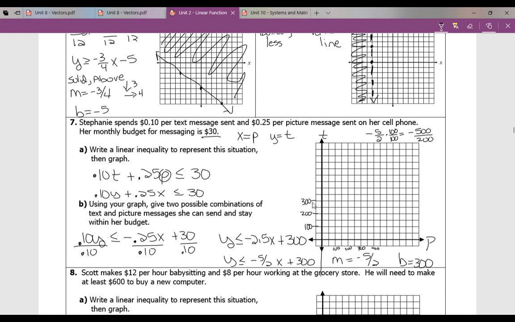So if I start at 300 and I count down 500 and then go to the right 200, that's 1, 2, 3, about there is 4, about there is 5, and then I'm going to go over 200. So that's a little bit harder to see. All right, but at least we have our line graphed.